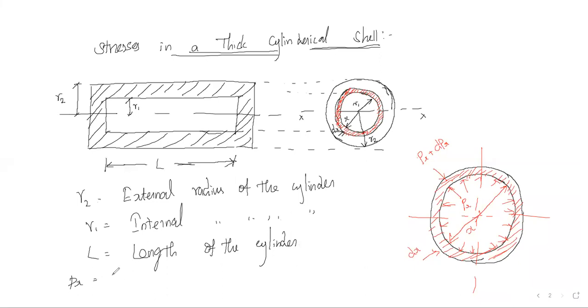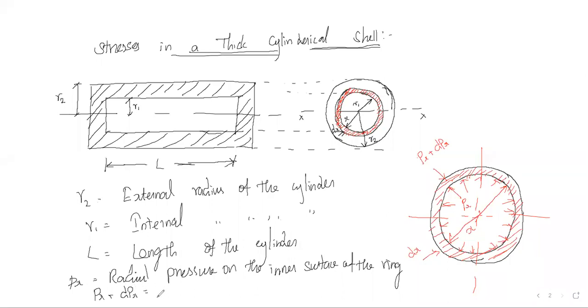radial pressure on the inner surface of the ring. Then px plus dpx is equal to radial pressure on the outer surface of the ring.